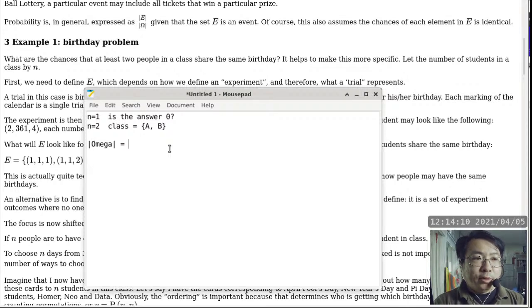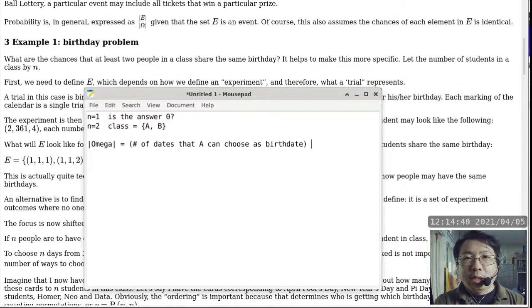That boils down to the number of days that can be birth dates of A, times the number of possible birth dates for B. Let me write it down in English first, and then we'll convert these into numbers. The first one is the number of dates that A can choose as birth date.